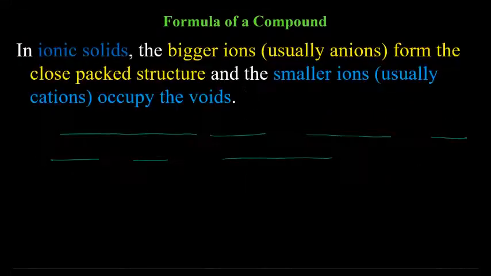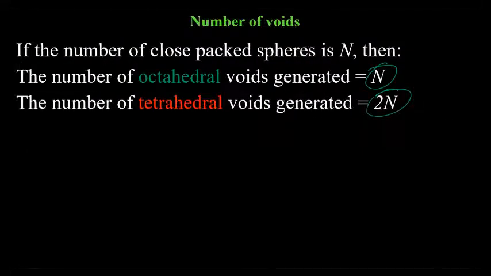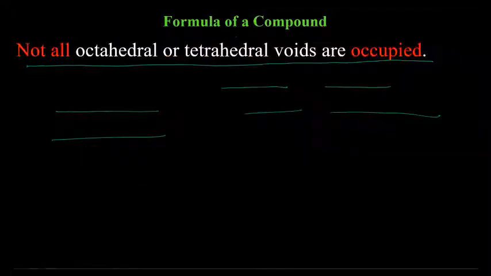This is something we are talking about. We have n atoms in closed packing. There will be n octahedral voids. All octahedral voids are occupied, means there will be n atoms of X.